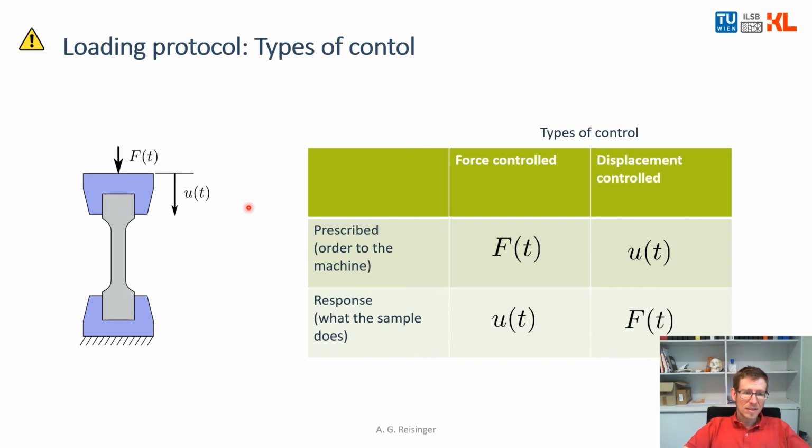And these are the two types of control. So we can do a force controlled measurement. That means the force is the order to the machine, and the displacement is the output, so the response of the sample. Or the other way around, I can tell the machine to produce some displacement, so to move down, for example, 1 millimeter, and then the response of the sample is the reaction force. So these are the two types of control a machine can do.